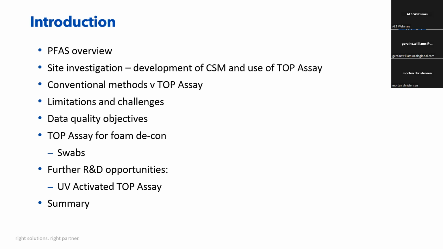But just to give you an idea of the actual method itself, if you expose some of these precursor compounds, these polyfluorinated substances, to hydroxyl radicals, you can convert them to the corresponding perfluoroalkyl carboxylic acids, the PFCAs. That's the main basis of the technique we're talking about today. For instance, if you've got C8 ECF precursors, electrochemical fluorination precursors, those will convert to PFOA, the corresponding carboxylic acid.